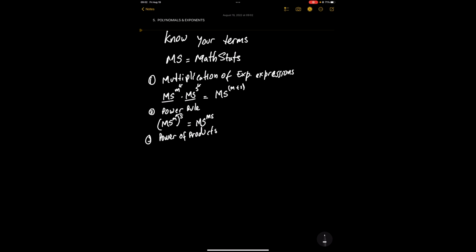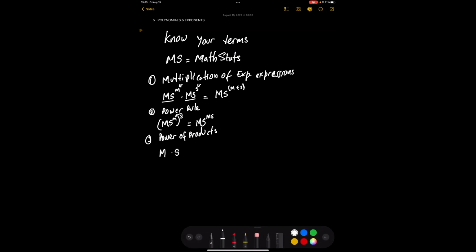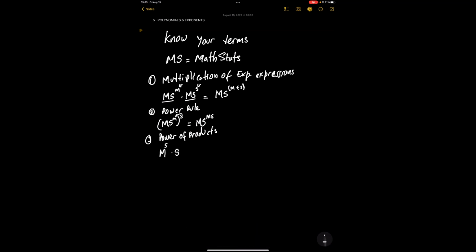In this case, I'm going to have m to the power of s and multiply s to the power of m, and I'm going to multiply all of that by, let's say a different one, n. In this case, what's going to happen is I'm going to distribute the n to both exponents.